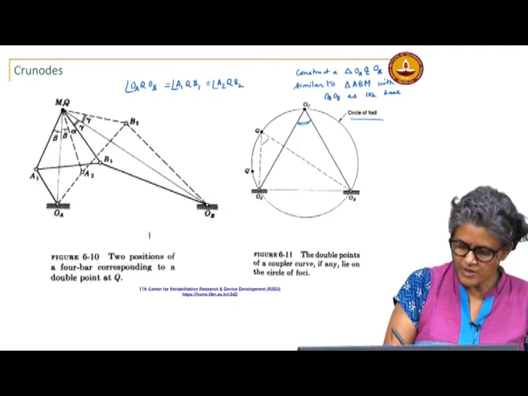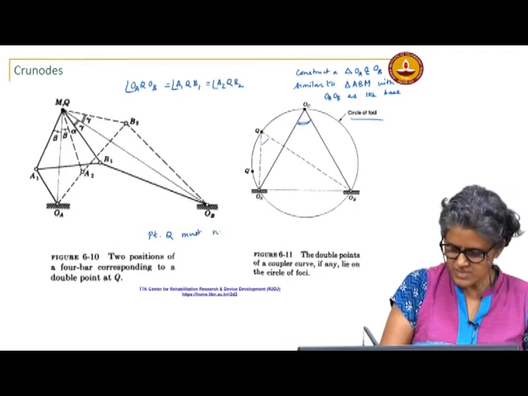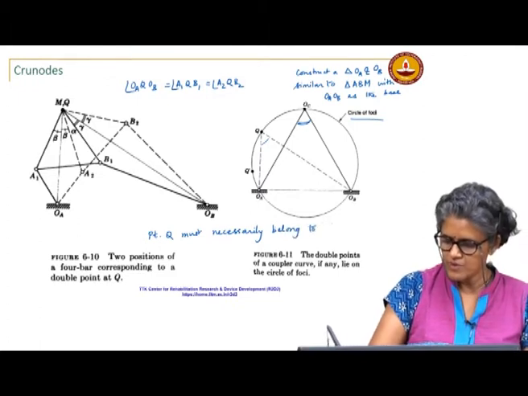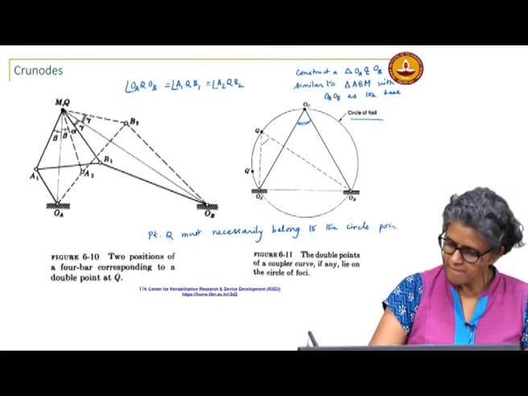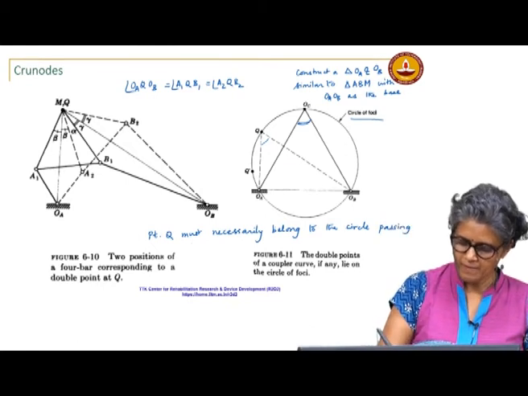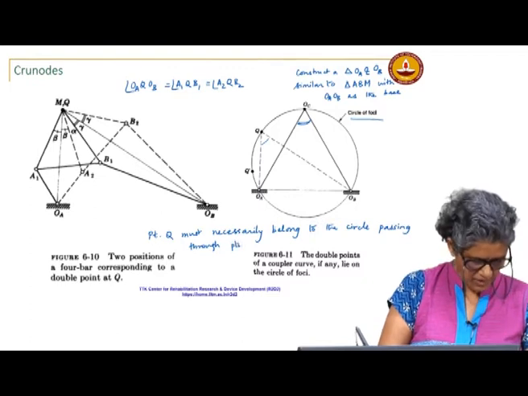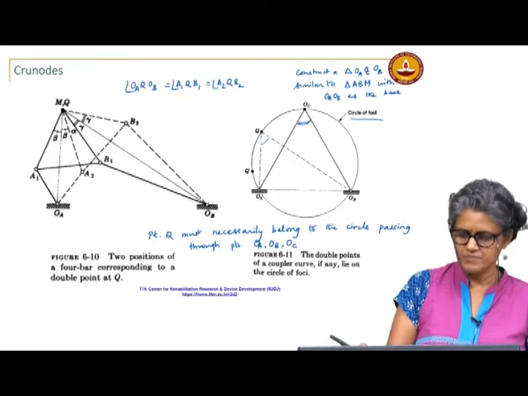So, point Q must necessarily belong to the circle passing through points OA, OB and OC.